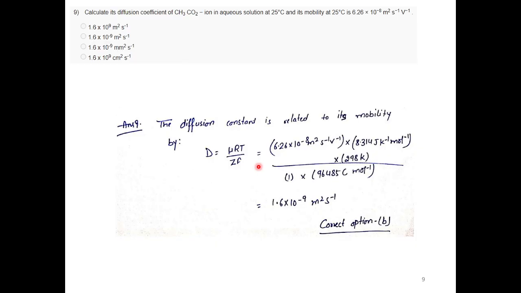You need to find the diffusion coefficient of the CO2 minus ion in aqueous solution at 25 degrees Celsius, and mobility is given already.